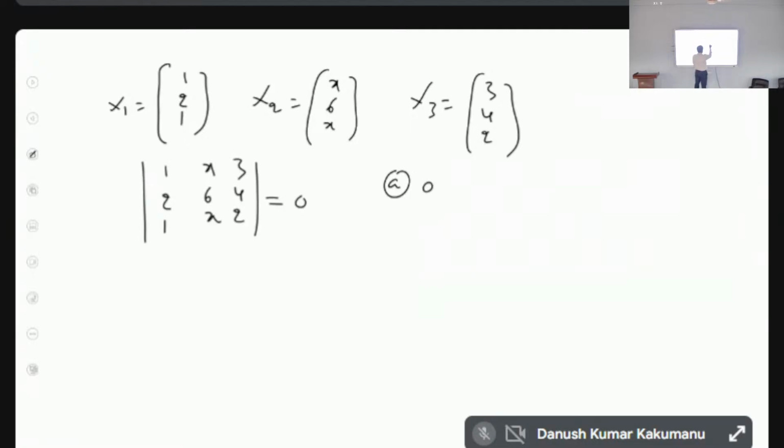Option A 0, B 1, C 2, D 3. Which value satisfies? Find out the x value. How much is the x value here?